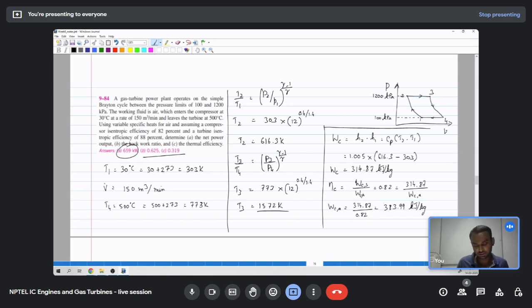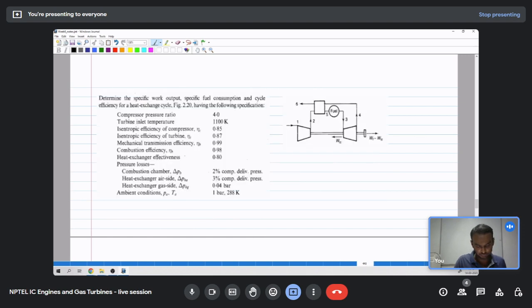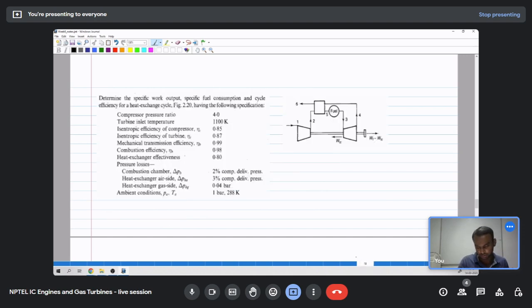If you have any questions in this problem, you can ask me now. I think the next problem is pretty big. We cannot solve it in this time.